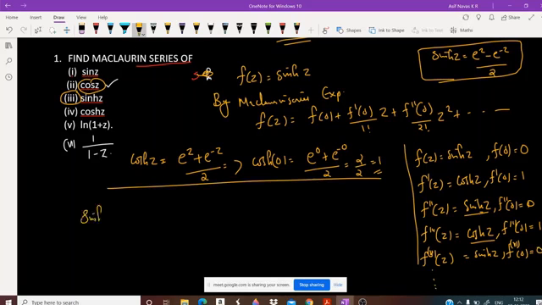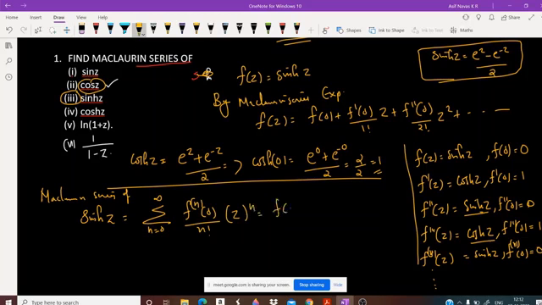Sin hz, we know the Maclaurin series of sin hz is sigma n equal to 0 to infinity, f nth derivative at 0 by n factorial z power n, which is f of 0 plus f dash of 0 by 1 factorial z plus f double dash of 0 by 2 factorial z square plus etc.